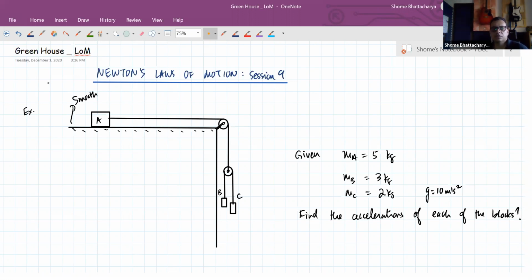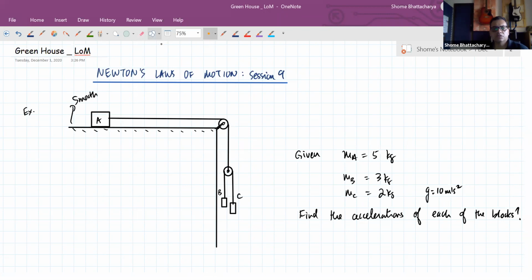So just take down the question, we'll discuss more about it. Obviously, you have to consider both the threads to be massless and inextensible, and also both the pulleys to be smooth and massless. So everything is standard in that relation.